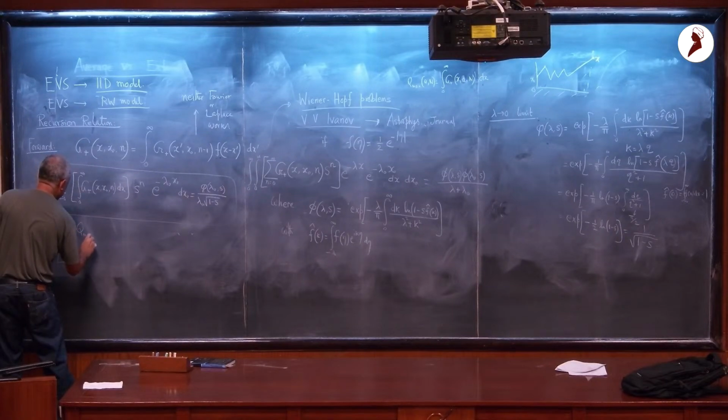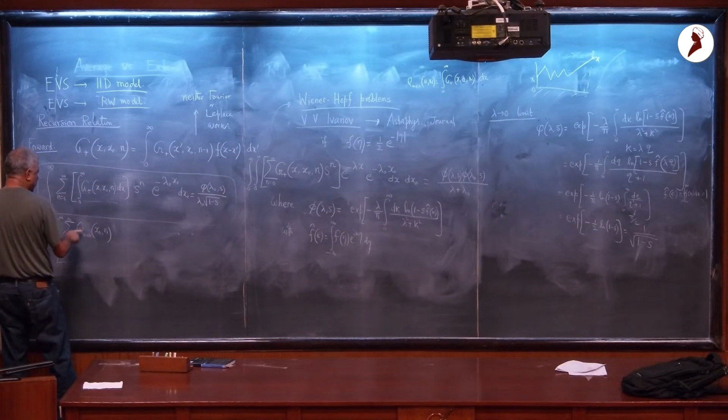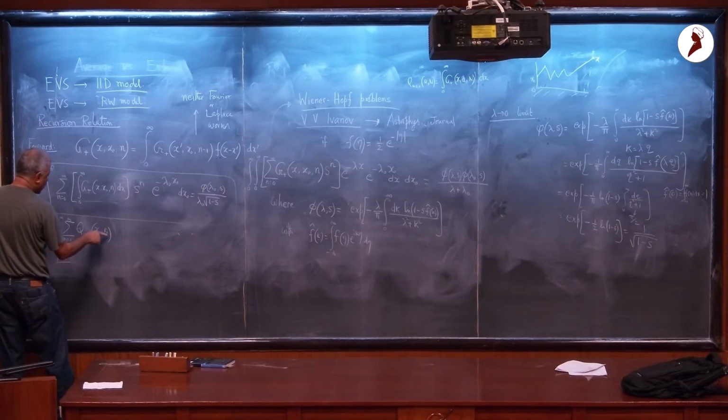A is x naught basically. So when you integrate over x, so this is the final point. This is just the survival probability. What is the probability that starting at x naught, it does not cross the origin up to step n?